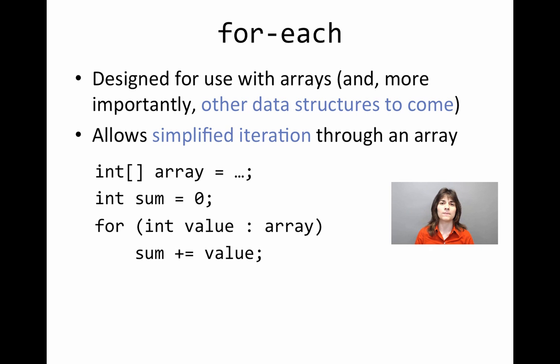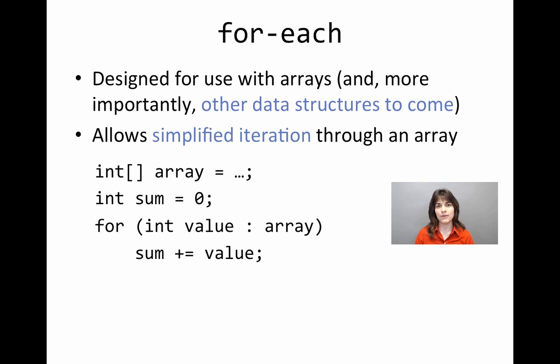Here is an example. Instead of having a variable that will hold the index of every array element, and then inside the loop, at the end of the loop, increase, for example, the value of that variable so that we go through each element of the array, the for each allows us to have a simplified iteration.